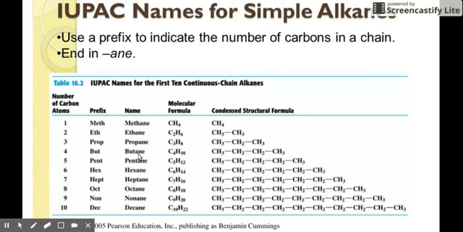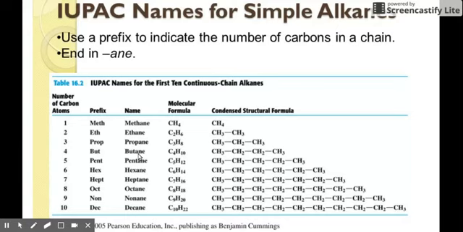So copy all the prefixes from numbers 1 to 10, and remember that if it is unbranched, all you need to do is attach the suffix ane, ane for alkane. So that's it for now. Please don't forget to review your notes and remember all the prefixes before you proceed to the second part of this video. So again, memorize the prefixes from 1 to 10 before proceeding to the next part of this video.